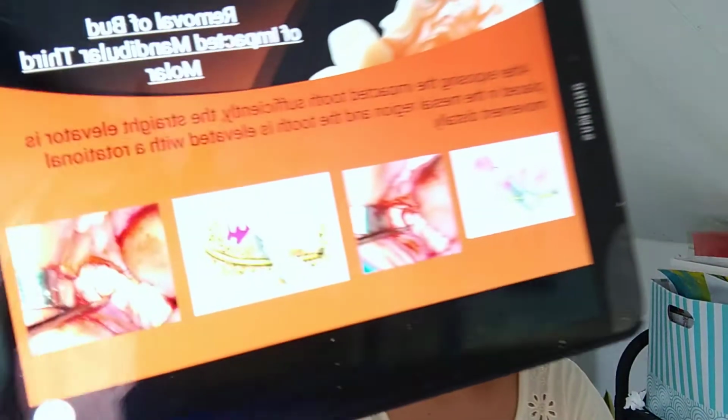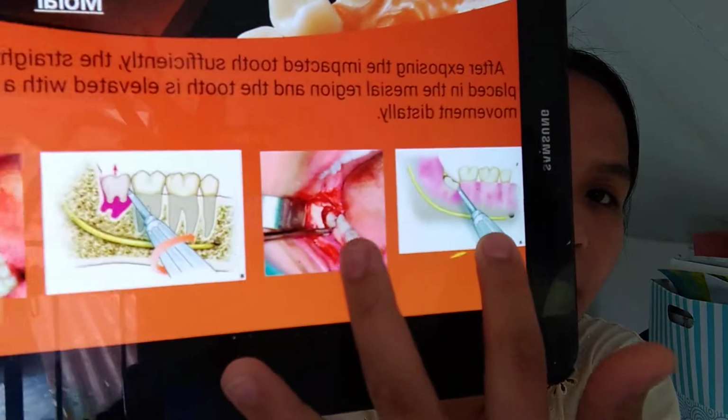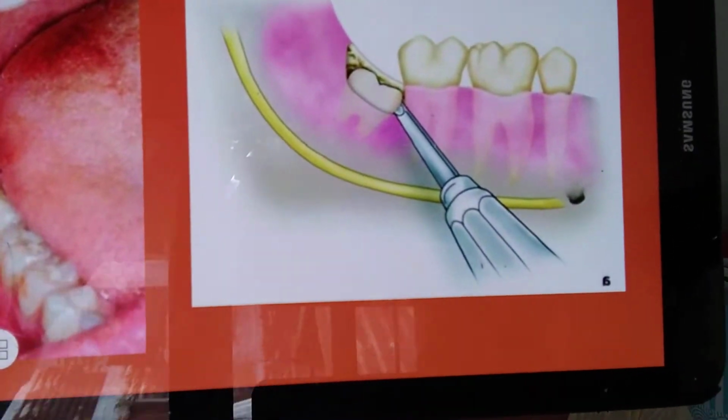And the next step that we are going to do is the exposing. That's the diagrammatic illustration.